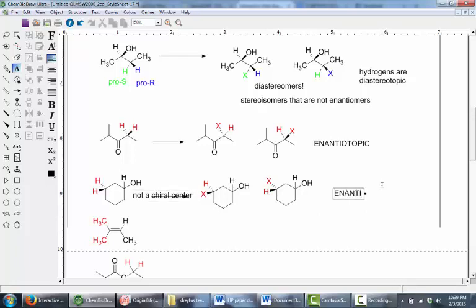In which case these are enantiotopic, because this is not a chiral center here. You're going to create two chiral centers. Okay, maybe I'm wrong. All right, guys. Enantiotopic or diastereotopic.